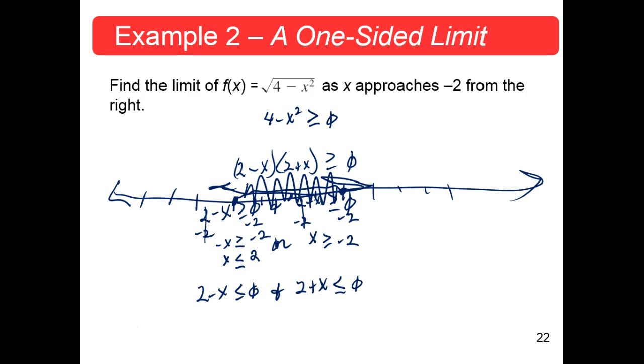All right, let's do the same thing down here. Okay, subtract 2 from both sides. That goes to 0. You get minus x is less than or equal to negative 2. And then what could we do? Okay, y'all let me get away with something else there.